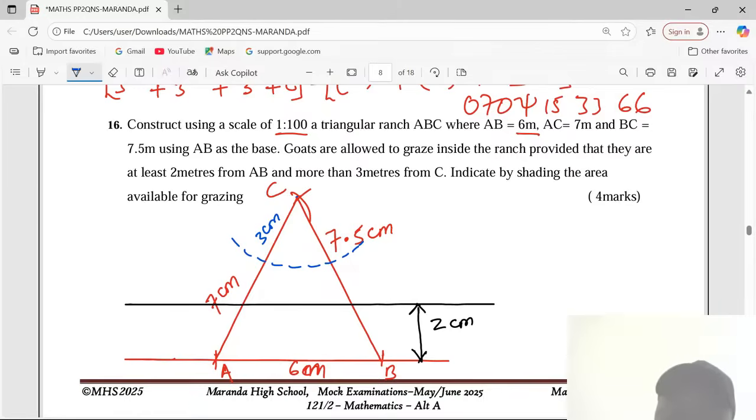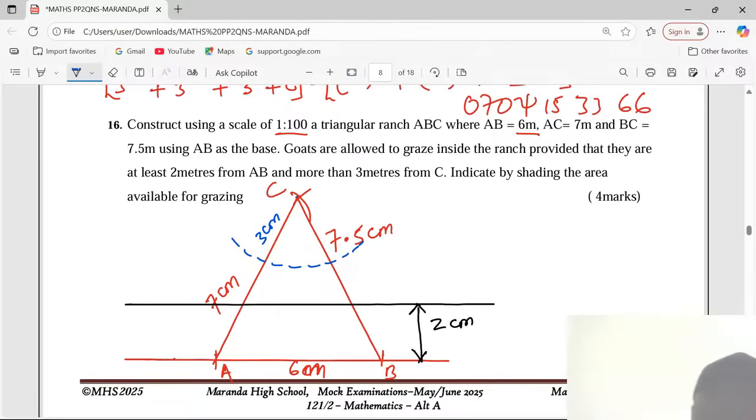Now, these goats are not supposed to feed anywhere within 3 meters from C. I'm using a dotted arc because even on the arc, the goats are not supposed to feed there. More than 3 meters, not 3 meters.